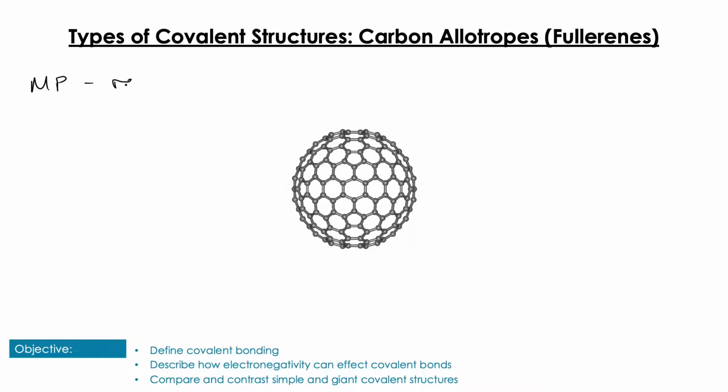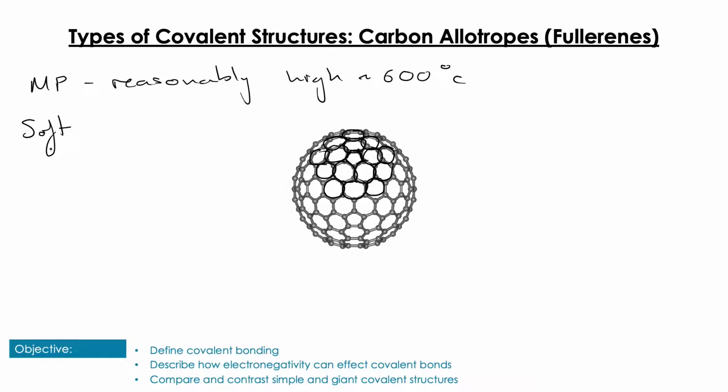Indeed, fullerenes, or Buckminster fullerenes, that were first theorized before they were discovered, are these kind of football shaped, where we have 5 rings and 6 carbon rings all joined together to form this large sphere. They have a reasonably high melting point of 600 degrees, but these are individual discrete molecules, so they don't exist in the same way as that long extended lattice structure of the other allotropes of carbon.